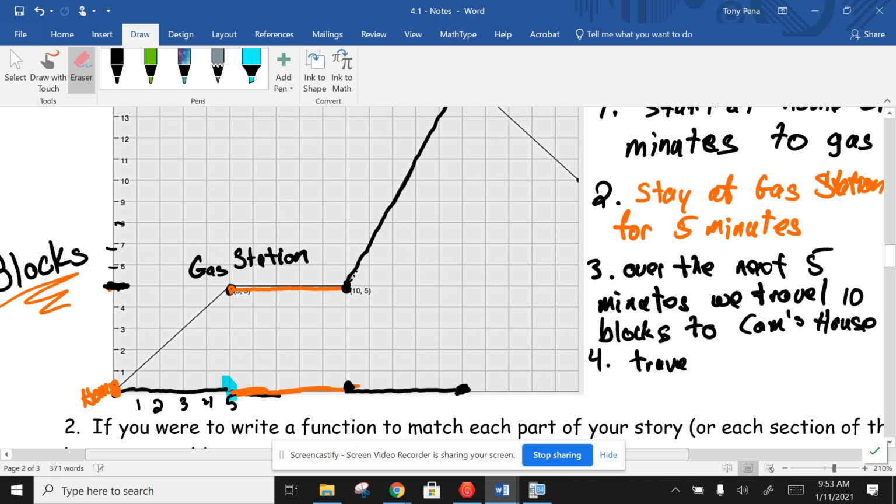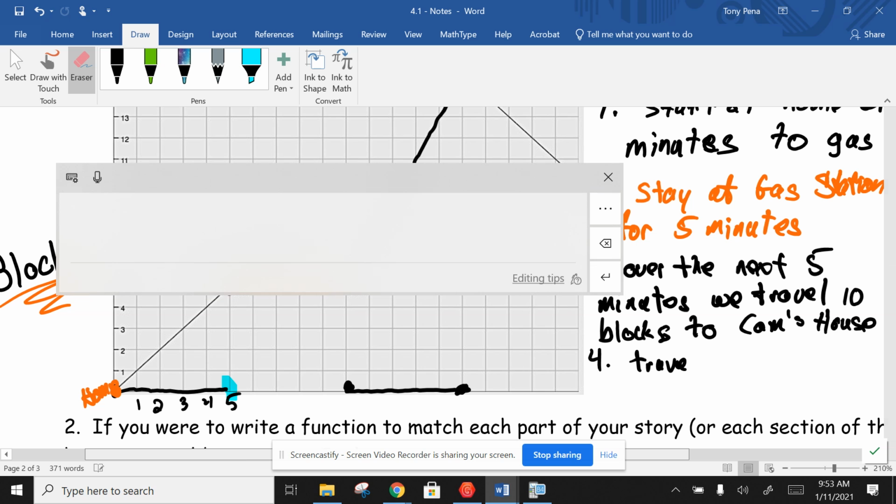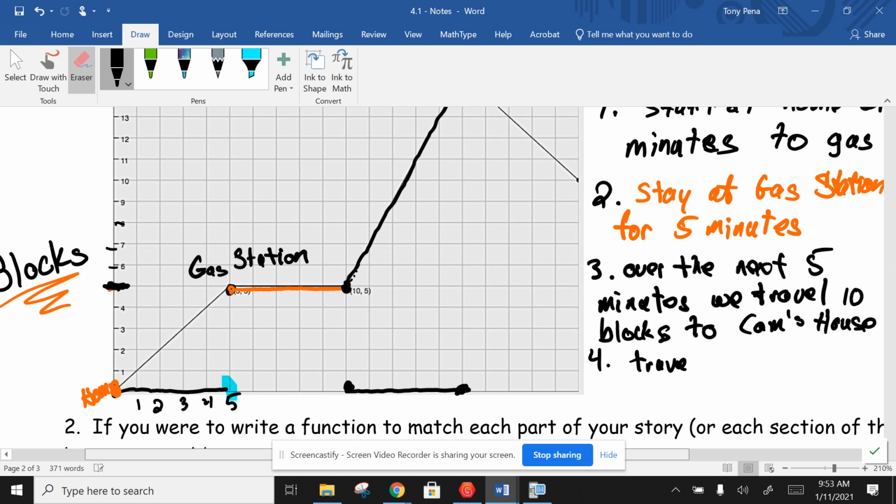Create some space here. So we travel, this would have been what? 1, 2, 3, 4, 5 more minutes to school. So you were just meeting Cam. This ends up being school. All right, and it took us 5 more minutes along the x-axis to get there.